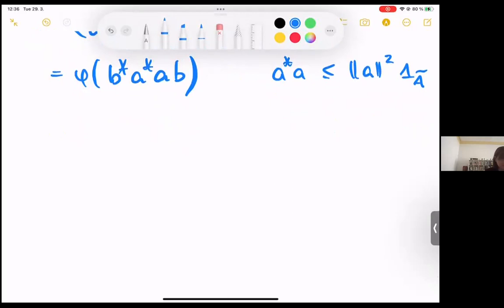So that means that since phi is positive, this is less than or equal to the norm of a squared.